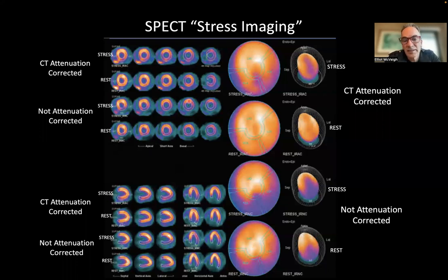So this is simpler. CT is more complicated because you start with a polyenergetic beam, and as you proceed through the patient, the beam becomes higher energy, basically, because more stuff is absorbed.